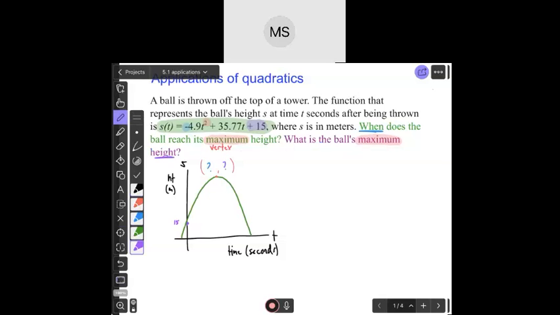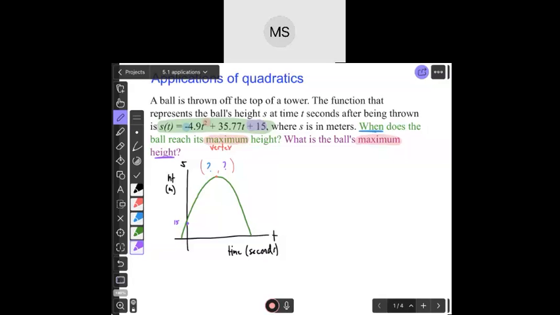You just have to be aware of what they're actually asking you for. If all it said was, what's the ball's maximum height, then you technically wouldn't need to find x, and your answer should only talk about y. Or if it said, when does the ball reach maximum height, you wouldn't need to find y. So it's making sure you're answering the question they're asking, and it does relate to different parts of the vertex.